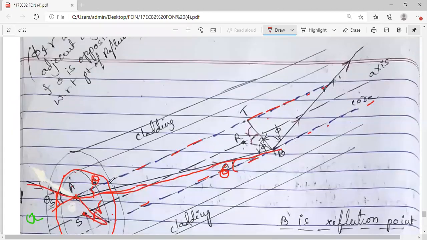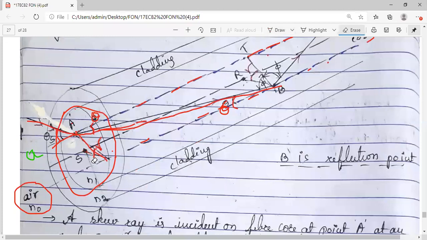Here also you can see there is a ray and radius to that point distance. Okay, this is gamma. Now this structure is over. Okay, incidence angle, there is a refraction, center point is S, gamma. Okay, and you know this already. N1 is the refractive index of core, N2 is for cladding, N0 is for air. Okay, the structure is towards the face of the optical fiber.